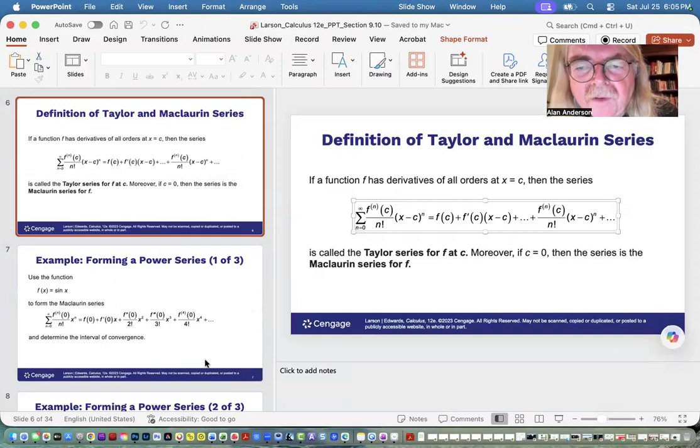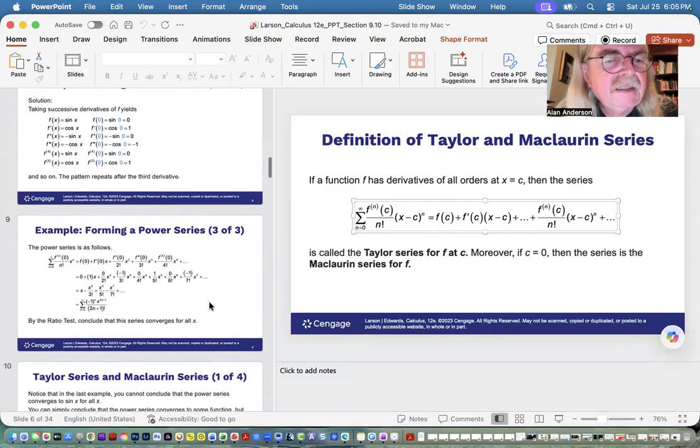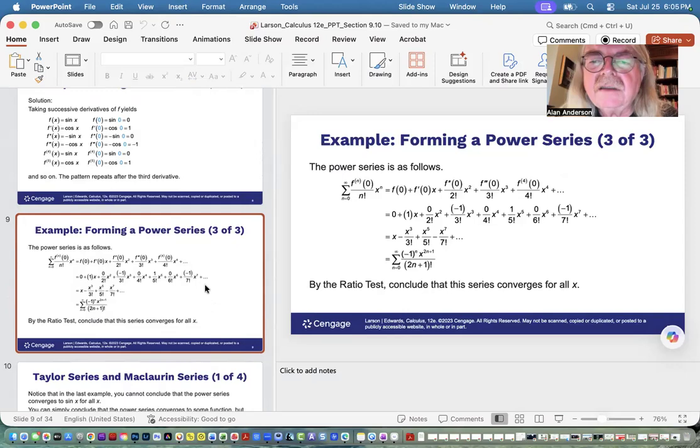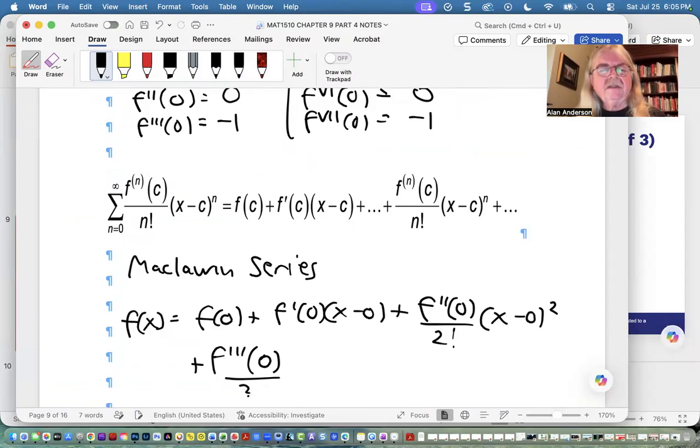I don't remember how far they expect us to go with this. It looks like they really went out there pretty far. That's right, we don't need to go berserk. We just want to get a little practice here.